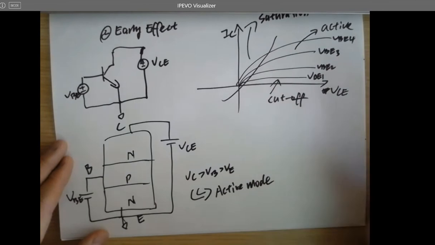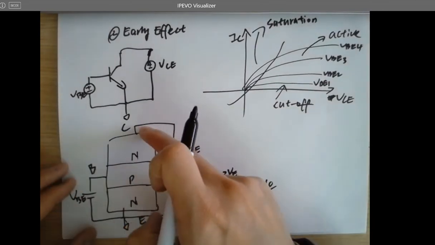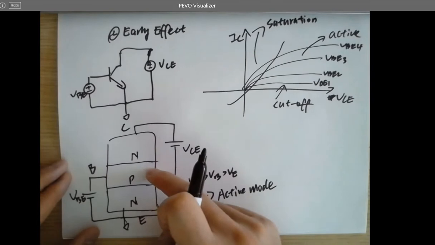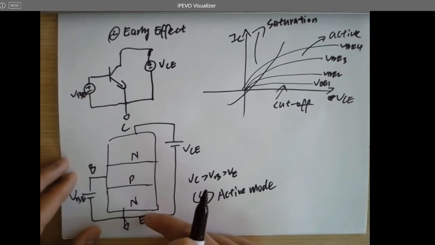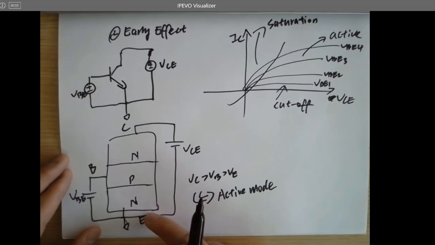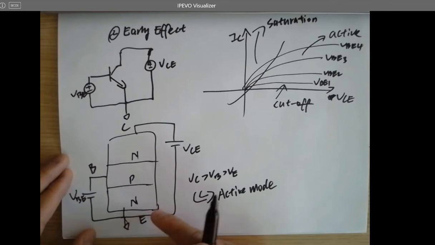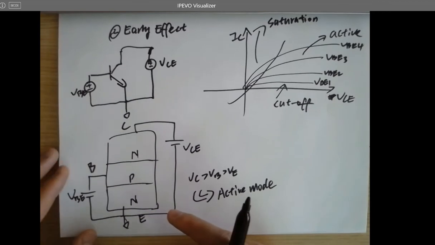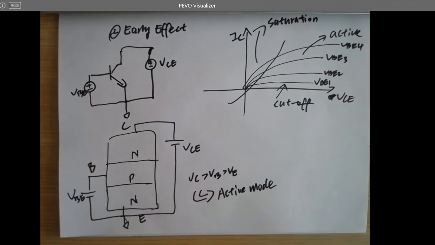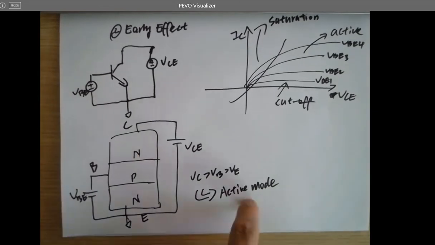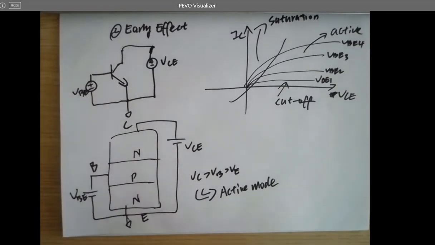In that case, this is the largest, the second largest, the smallest. A quick question. Is the BE junction forward biased or reverse biased to operate this NPN in the active mode? Forward biased.